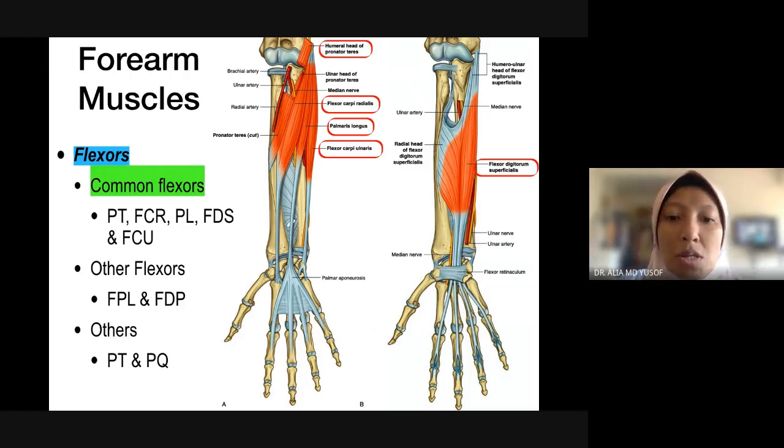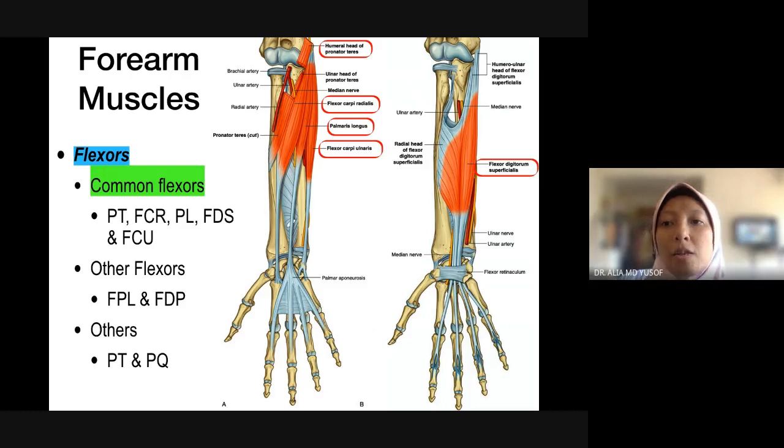Palmaris longus is inserted in the palmar aponeurosis of the hand, and the tendon of the palmar aponeurosis inserts at the shaft of the proximal phalanges of the second, third, fourth, and fifth digits.